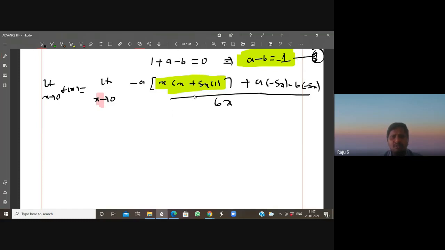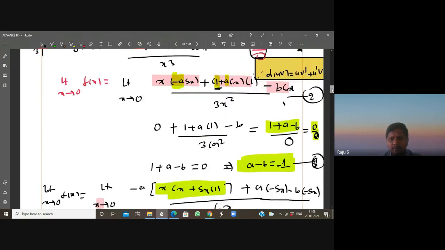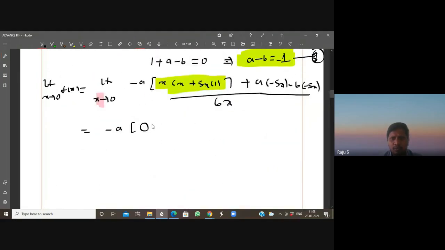Now you can substitute the value of x as 0. What will happen here? Minus a times of, this totally will be 0. x cos x, x is 0, sin 0 is 0, right? Now here again minus a times sin 0 is 0.